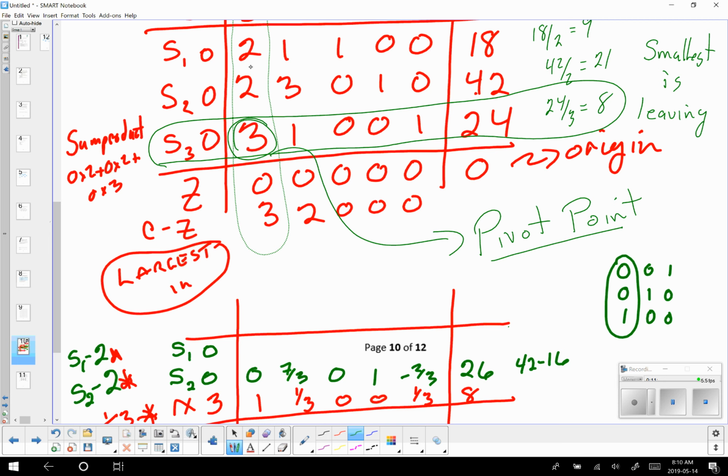So 2 minus 2 times 1 is 0. 1 minus 2 times a third is 1/3. 1 minus 2 times 0 is 1. 0 minus 2 times 0 is 0. And 0 minus 2 times a third is minus 2/3. And 18 minus 2 times 8 is 2. Oh, and I didn't write these top ones in. My goodness. These are the same each time.